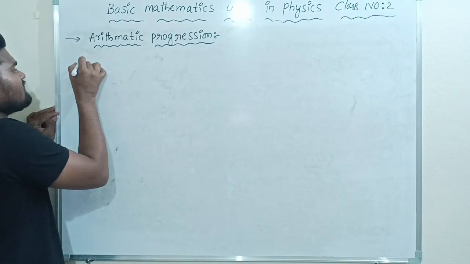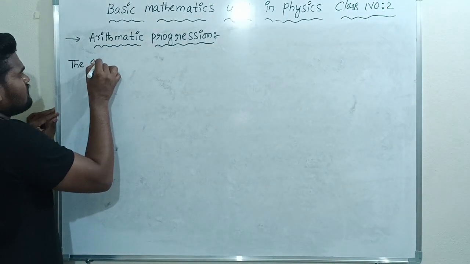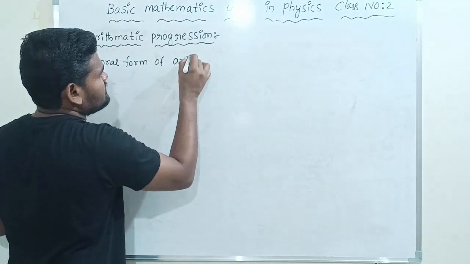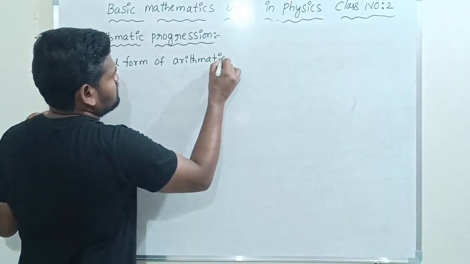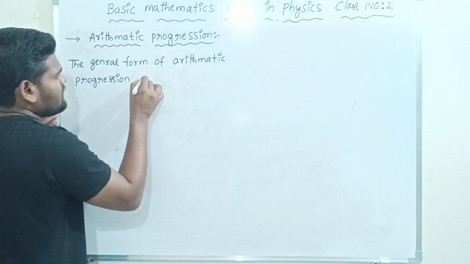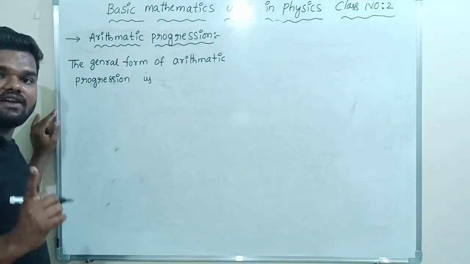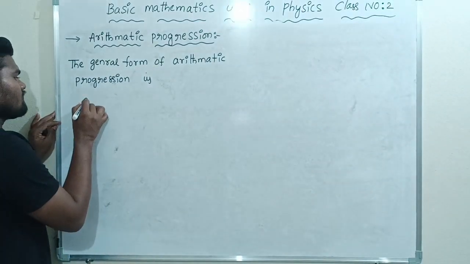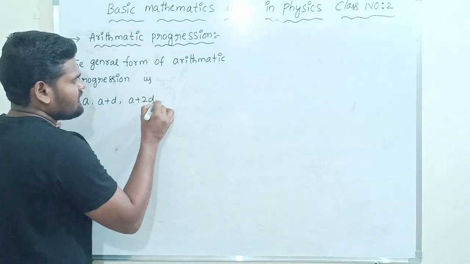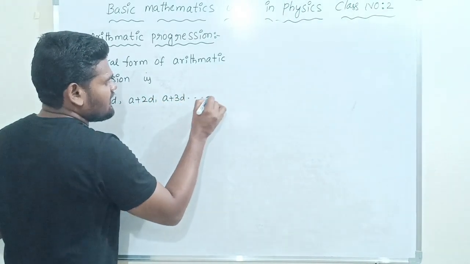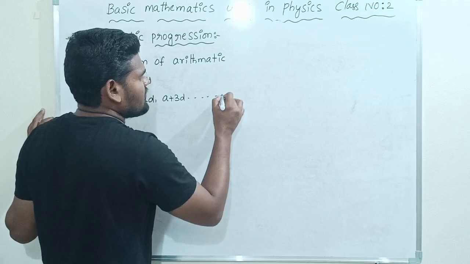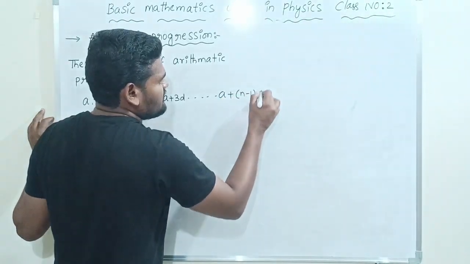So the general form of arithmetic progression is a comma a plus d comma a plus 2d comma a plus 3d and so on, a plus n minus 1, sorry, a plus n minus 1 into d.